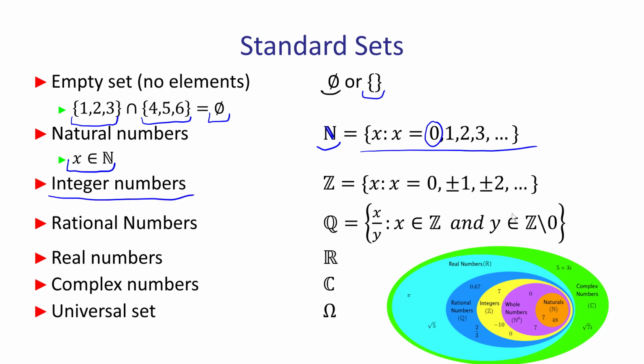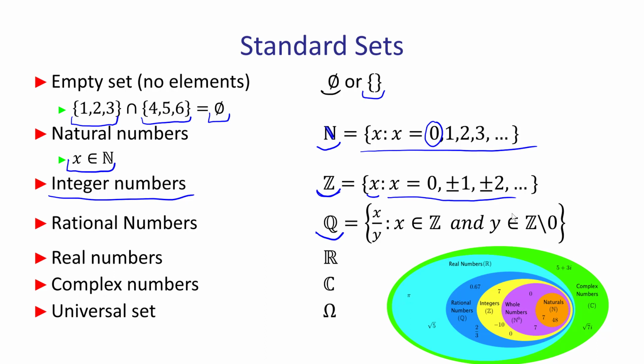Now, integer numbers or whole numbers, which could be positive or negative, have their own symbol Z. So this is x such that x equals 0, plus minus 1, plus minus 2, plus minus 3, and so on. So all of the whole numbers are integers, and the set of whole numbers is called Z. The set of rational numbers is called Q, and this is just ratio of two integer numbers.